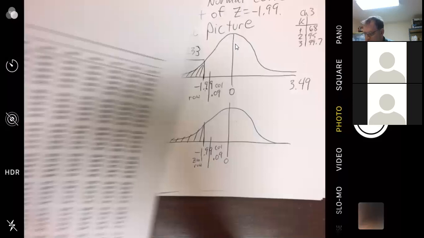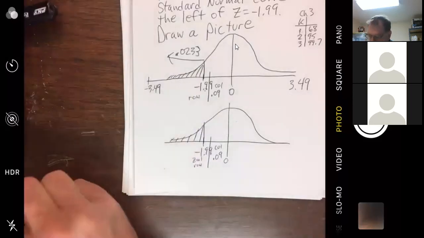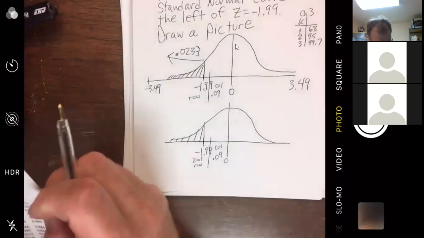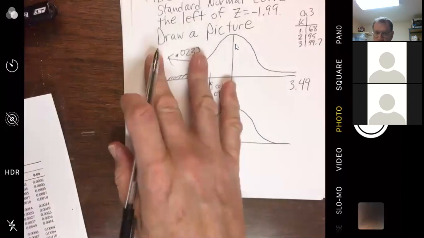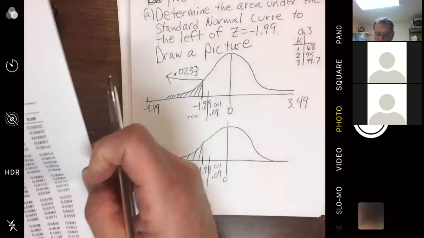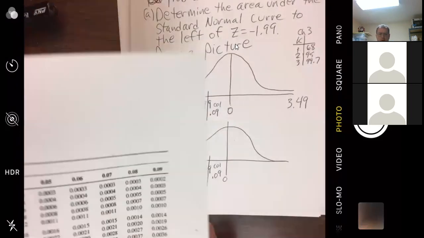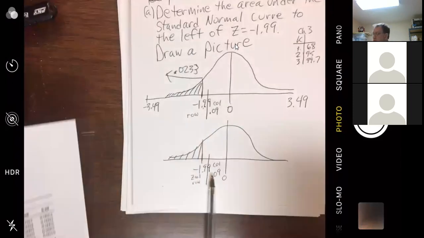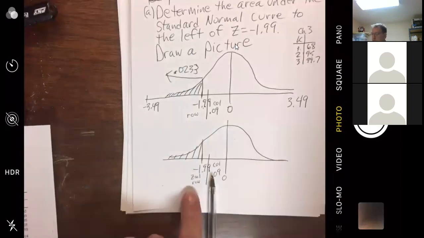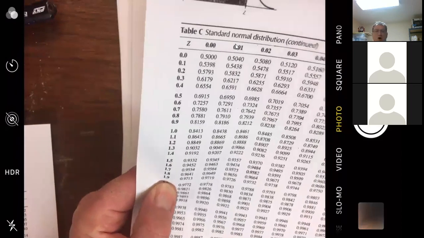So on the left side of the table you are holding, you look at negative 1.9, right? The sign's very important, because if it was positive, I'd be using this sheet and get the wrong number.